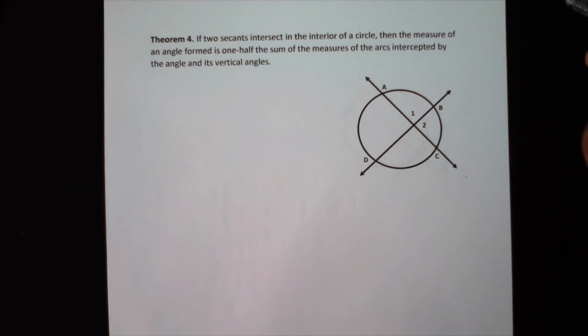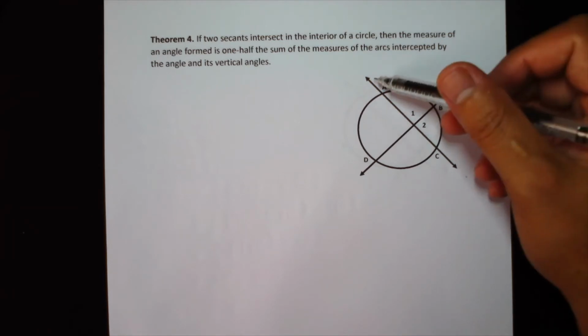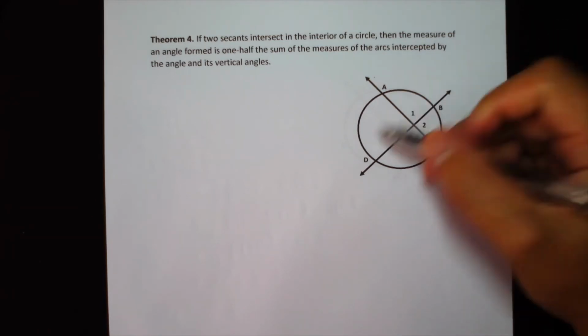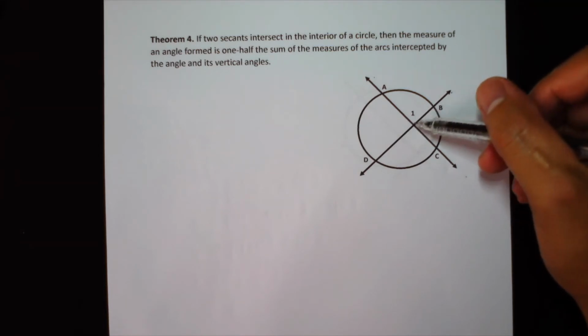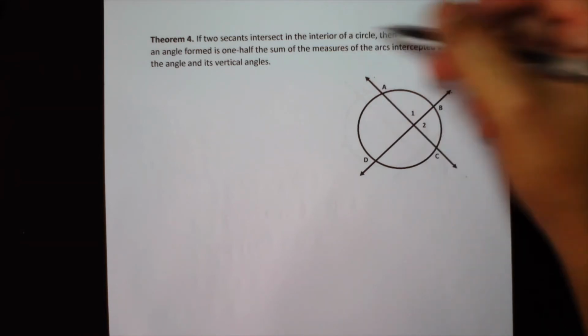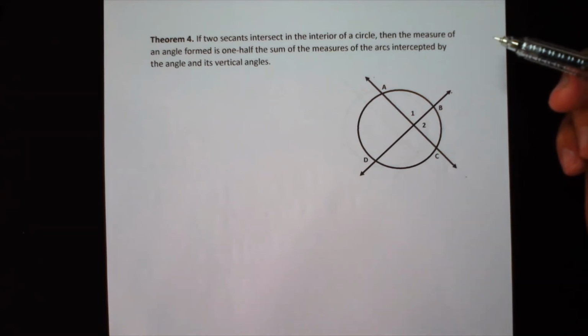Based on the theorem, let's identify. As you can see, there are two secants here, and they intersect inside of the circle. Therefore, it is the interior of the circle.